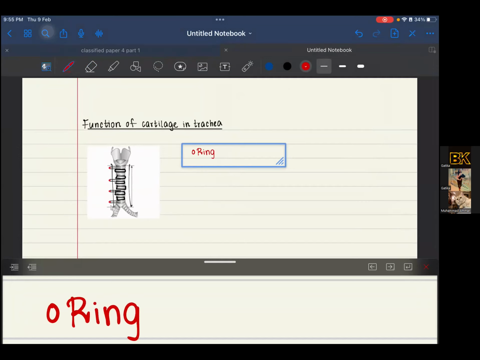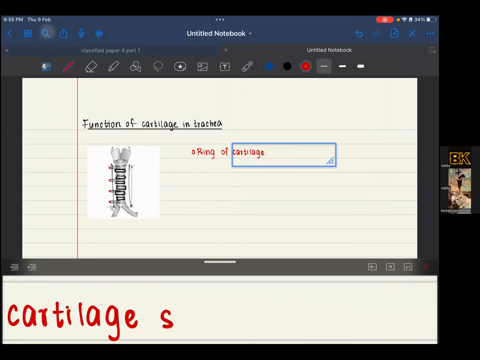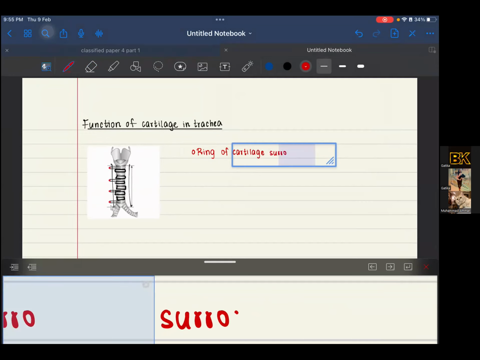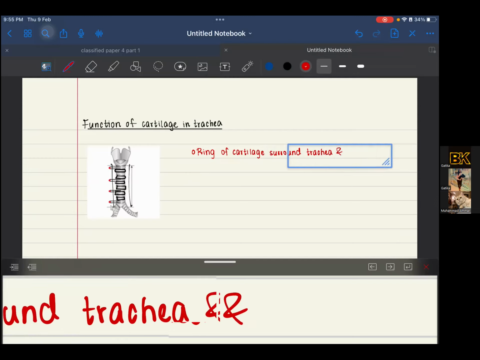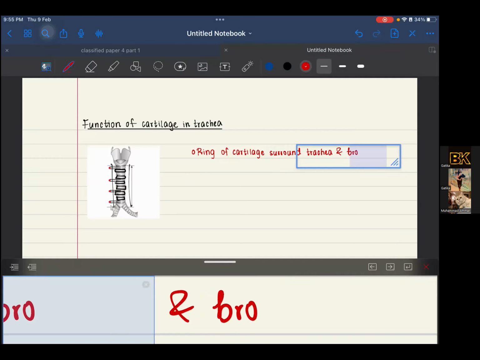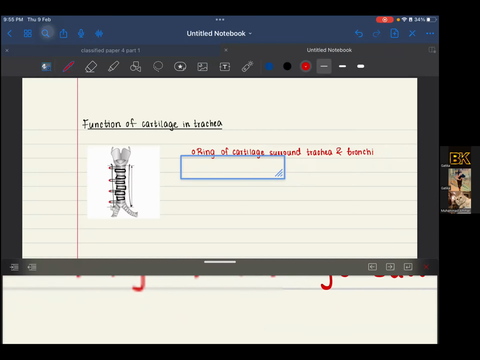Ring of cartilage surround the trachea and bronchi. Okay, bronchi, but not the bronchioles. Bronchioles are further splitting of bronchi, right? So not over there, just the trachea and the bronchi.